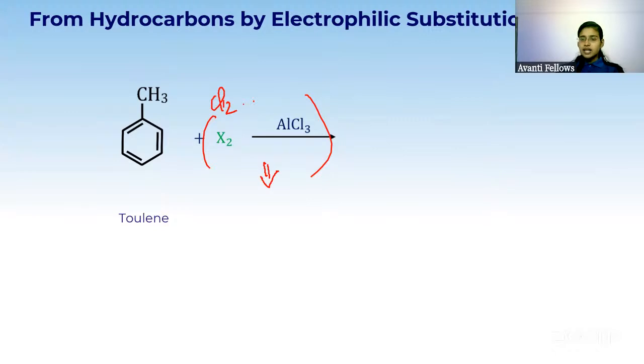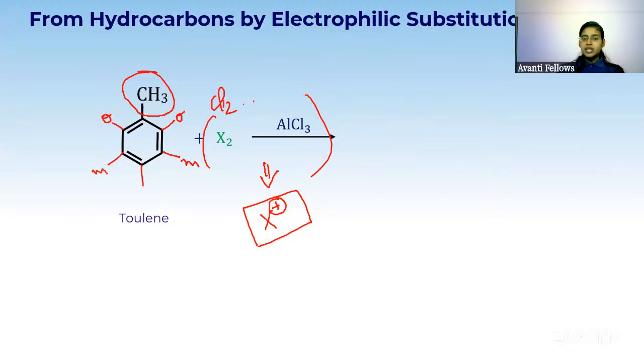The electrophile that is generated is X plus. If it is chlorine, it is Cl plus. If it is bromine, it is Br plus. That electrophile will go to the ortho position and the para position. What is meant by ortho position? This is the group which is attached to the phenyl ring. The two adjacent positions are called ortho. Alternate position means meta.